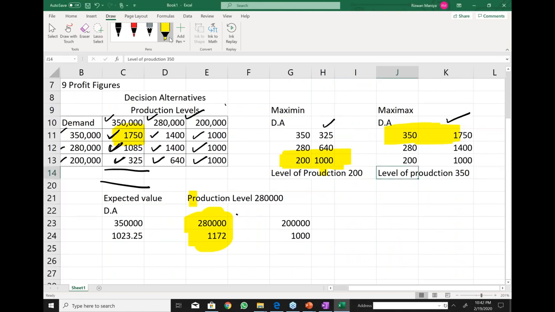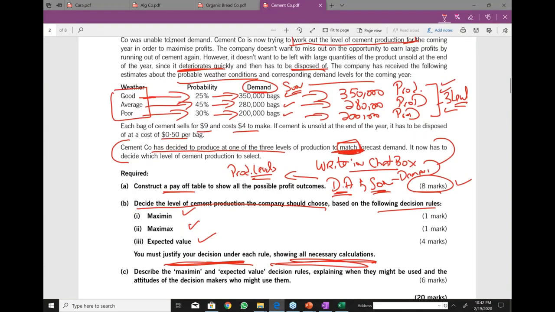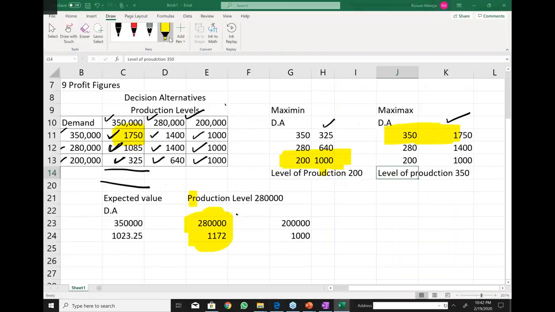You'll write to justify: if the decision maker is a risk taker, and you should know that a risk taker is one who wants to take the risk, then he will use the Maxi Max technique.